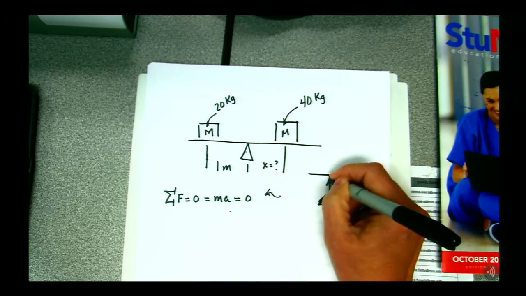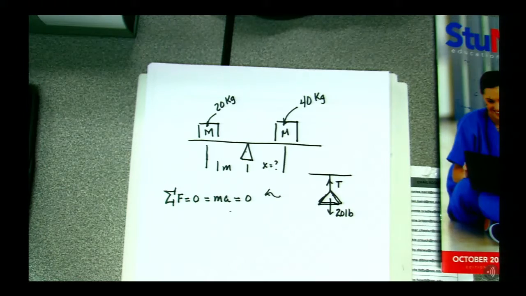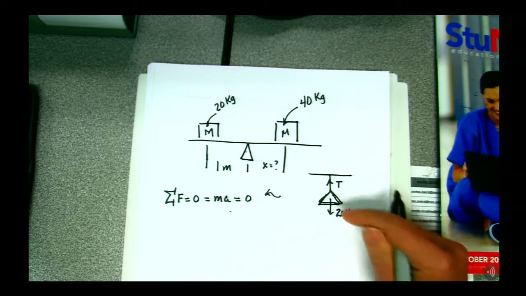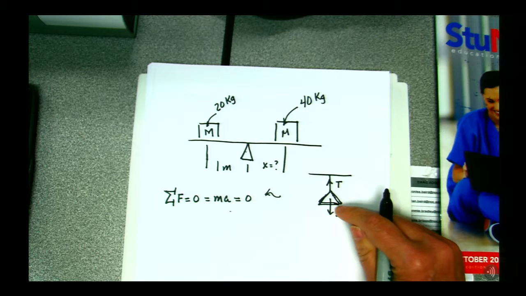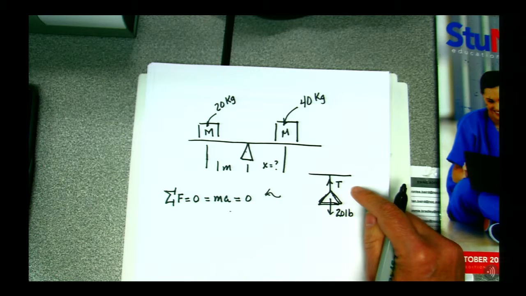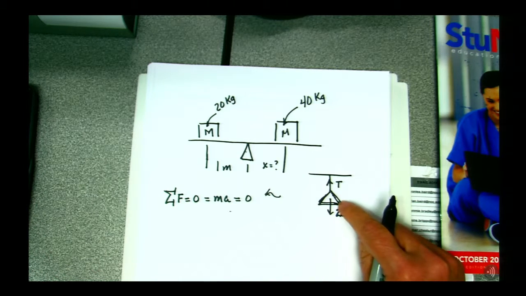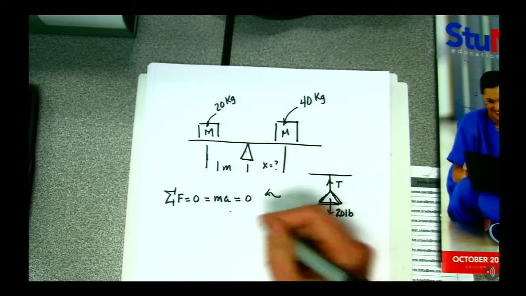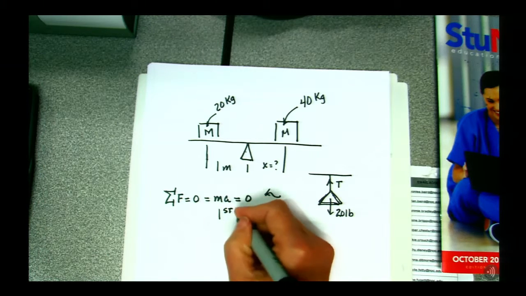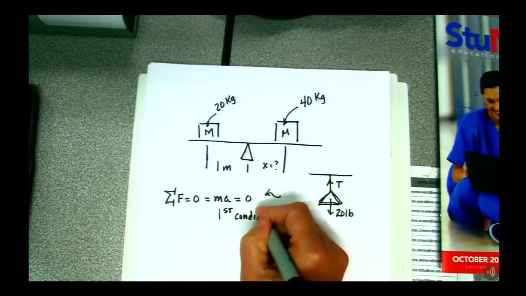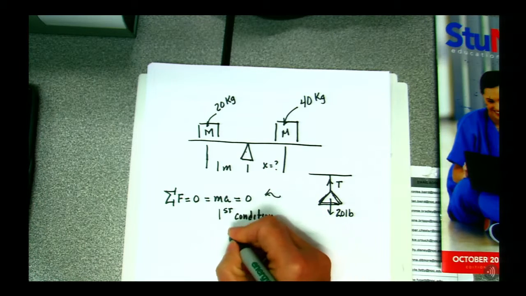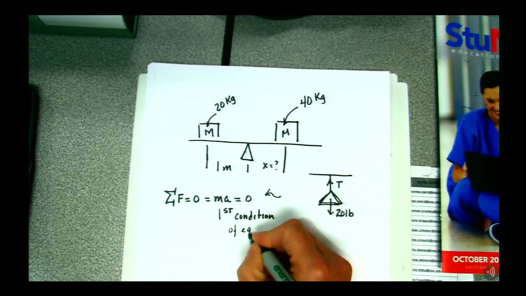We could find the tension in the rope because we knew we had to have forces equal but opposite, so we knew that the tension in the rope was 20 pounds if this thing wasn't moving. And that was what we referred to as our first condition of equilibrium.